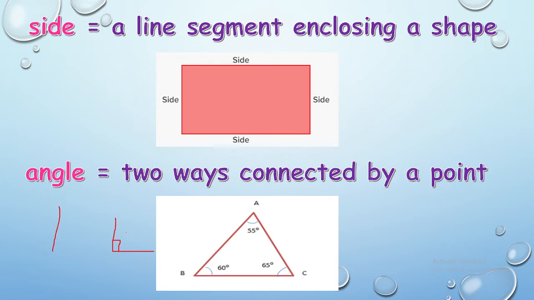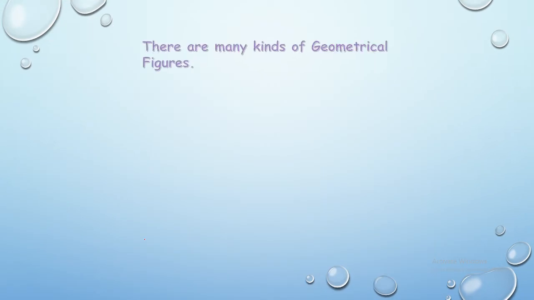It's straight because it measures 90 degrees. Sometimes you see angles that are super small like this. You'll see it has a different measurement. Or sometimes you see a very tiny angle like this. They have different measurements.